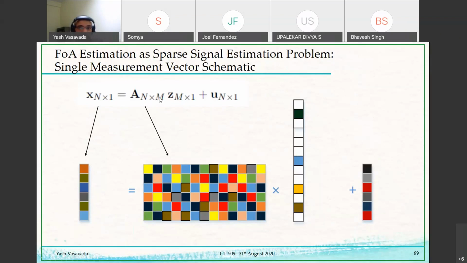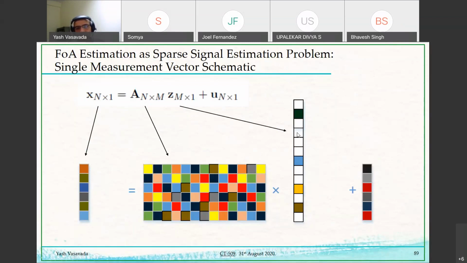It cannot get arbitrarily smaller. For example, n cannot become smaller than k. Essentially, n has to be larger than the sparsity of this vector z, but it will be much smaller than the number of columns of this matrix A. The z is this sparse vector whose only few elements are non-zero.